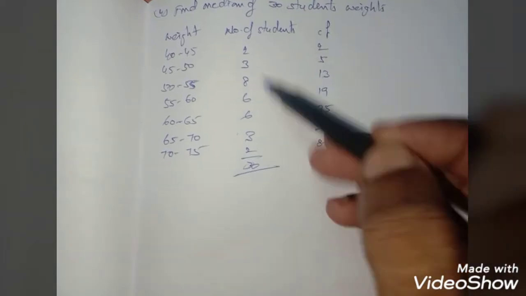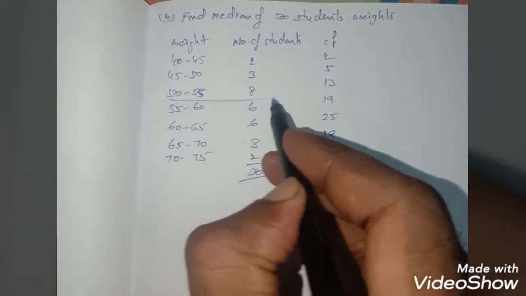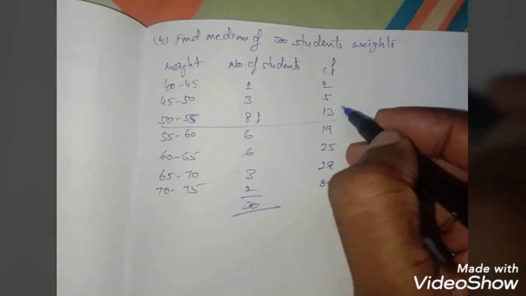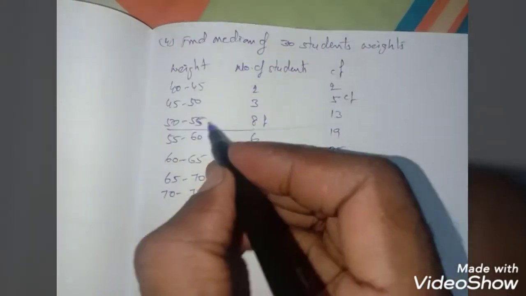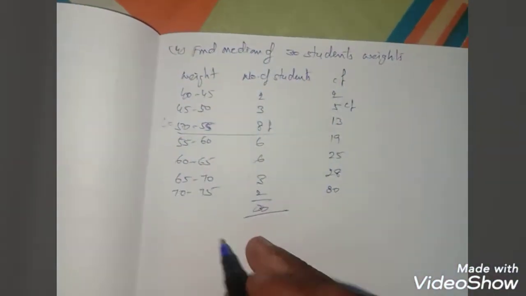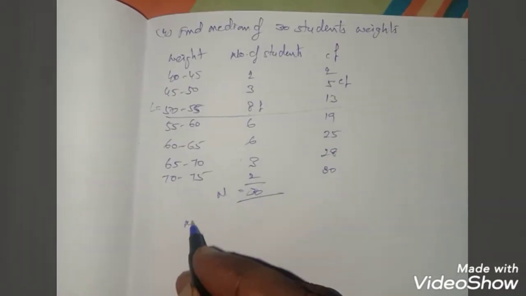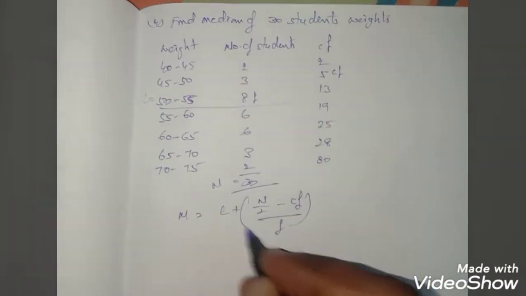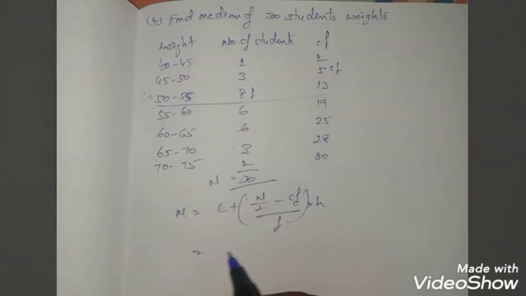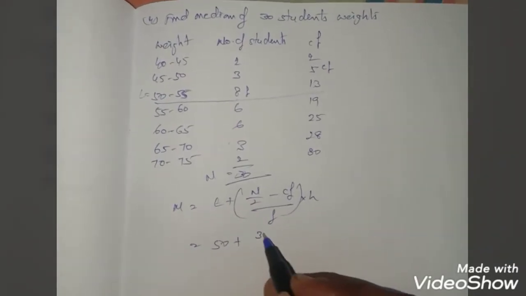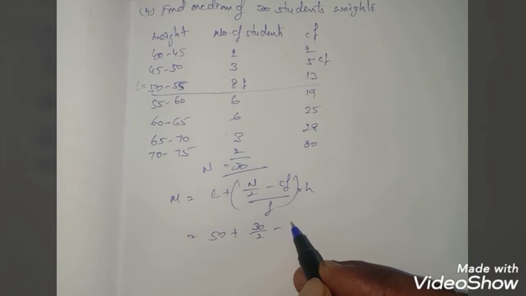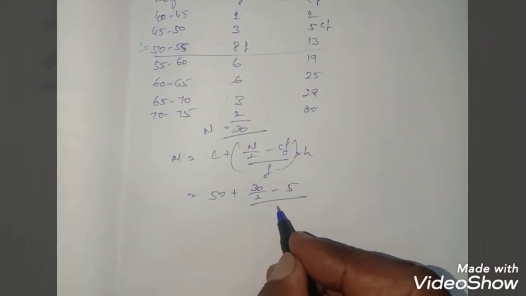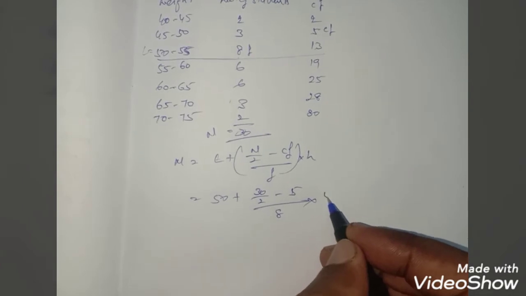So out of these frequencies, 8 is the biggest number, so I can underline this so that 8 is F, 5 is CF, and L is 50. This is N. Now substitute. So median is equal to L plus N by 2 minus CF by F into H. Here L is 50 plus N is 30 by 2 minus CF, CF is 5 divided by F is 8 into H, the difference, which is 5.